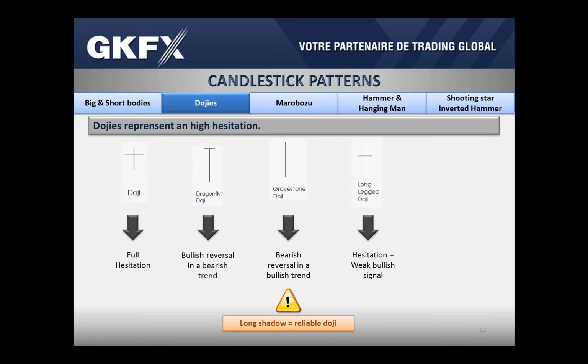And also very important, as I wrote, a long shadow represents a reliable doji. If there is a long shadow, it's good. It's providing you with a reliable signal. But on the contrary, when the shadow is short, the reliability is not so high, so you better stay away.